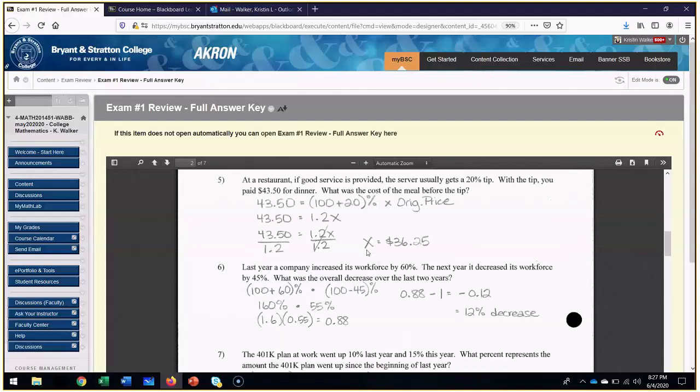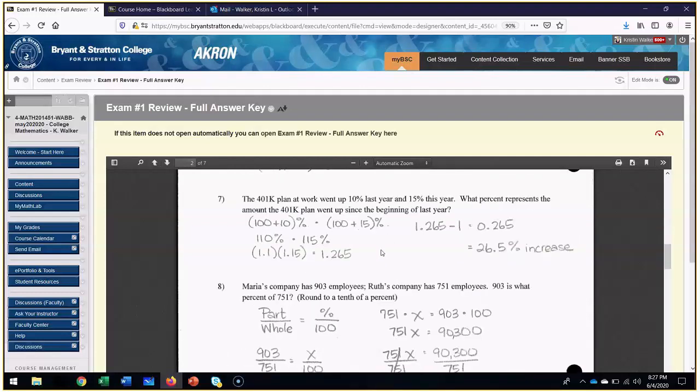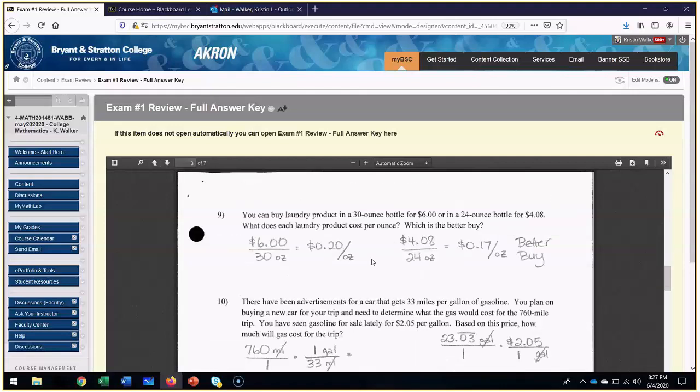All right, this is your study guide. Everything that we did in class, your homework and your quizzes should help you prepare. This is going to be word for word what your exam looks like. The only thing I'm changing is the numbers. So instead of 903 employees and 751, it'll be 820 and something else. It'll be the same question.